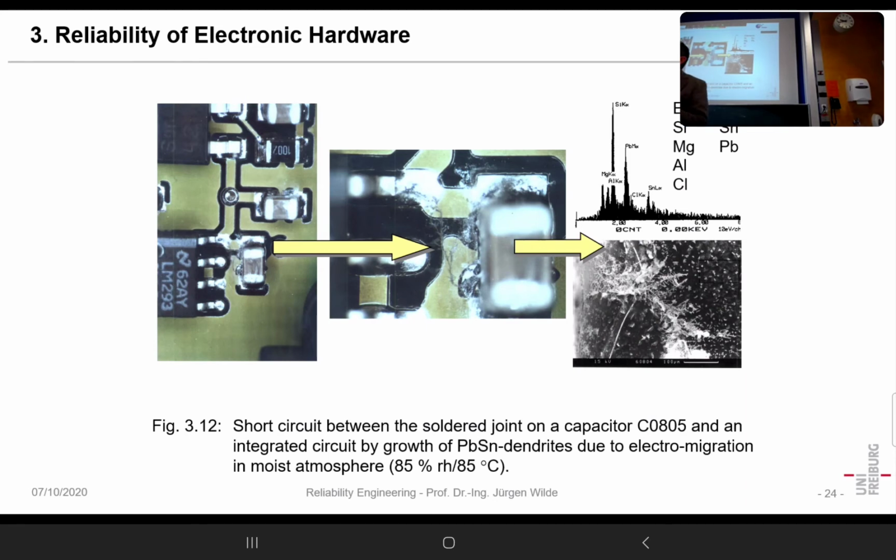So condensation, that means precipitation of liquid water. At which humidity content will you have it? By which humidity is the dew point defined?